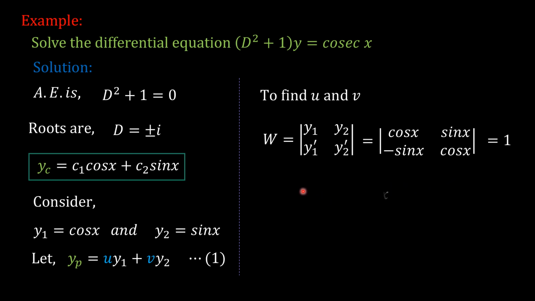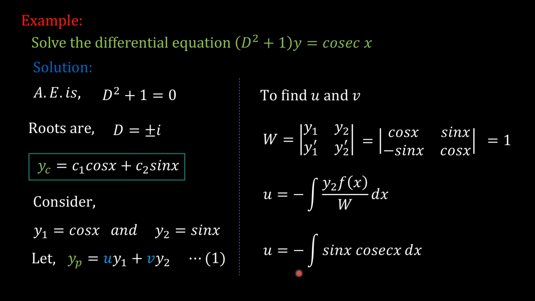Now we will go to find u. u is given by minus integration y2 into f(x) divided by W into dx. So replace y2, f(x) and W by their corresponding values. Hence u is equal to minus integration, y2 is sin x, f(x) is cosec x, and W is equal to 1.